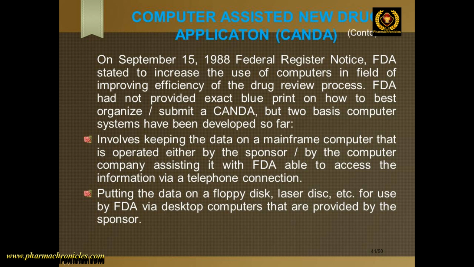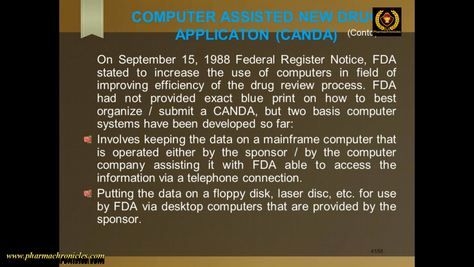FDA has not provided an exact blueprint on how best to organize/submit a CANDA, but 2 basic computer systems have been developed so far. One involves keeping the data on a mainframe computer that is operated either by the sponsor or by the computer company assisting it, with FDA able to access the information via a telephone connection.